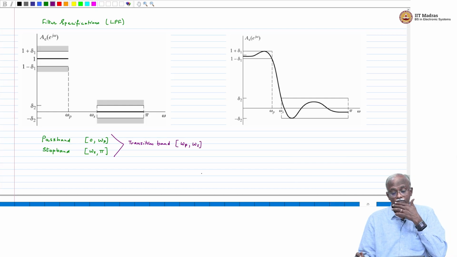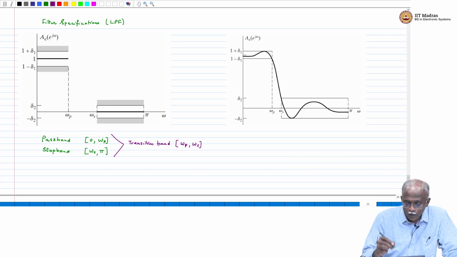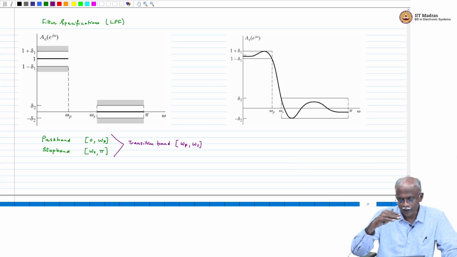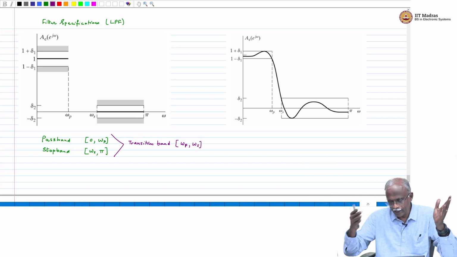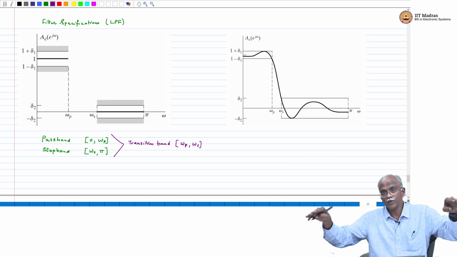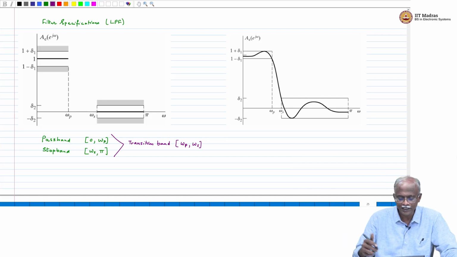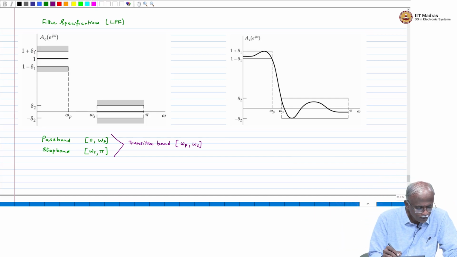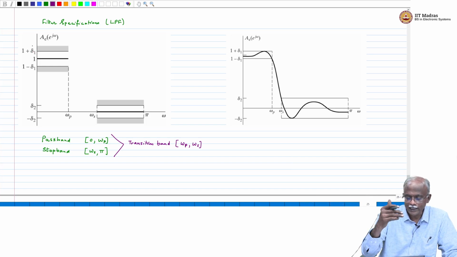Now within the pass band, ideally you would like the gain of the filter to be 1, but this is a filter with a finite number of coefficients, so the frequency response will not be constant. It will have some variation. You want it to vary within delta 1 on either side of 1. So 1 plus delta 1 is the maximum, 1 minus delta 1 the minimum.